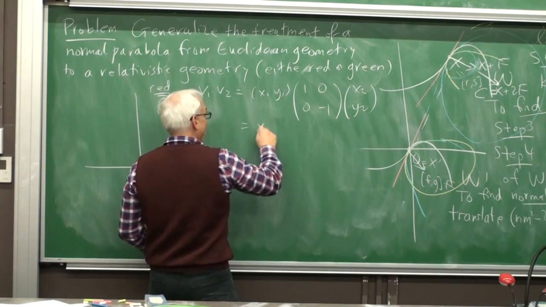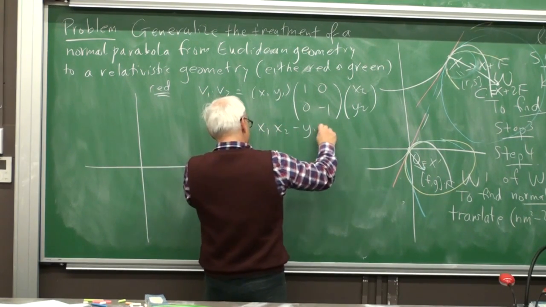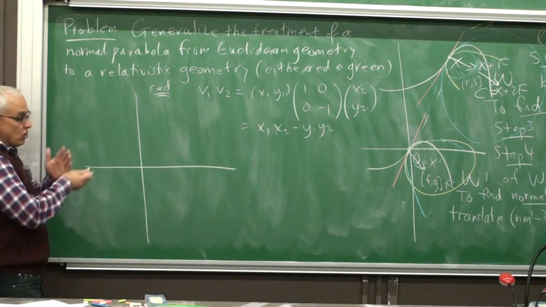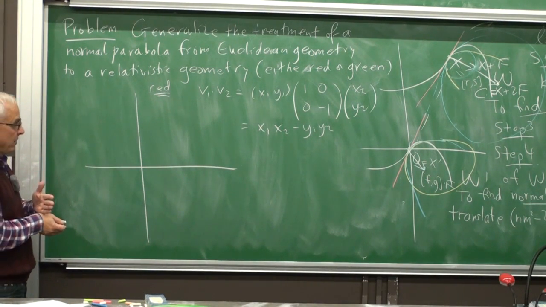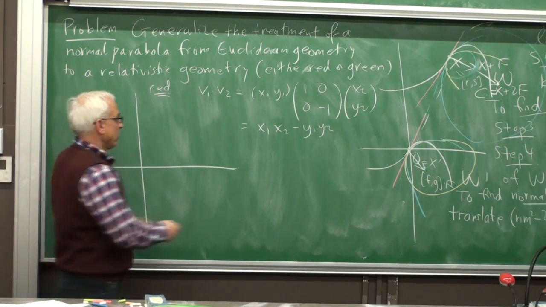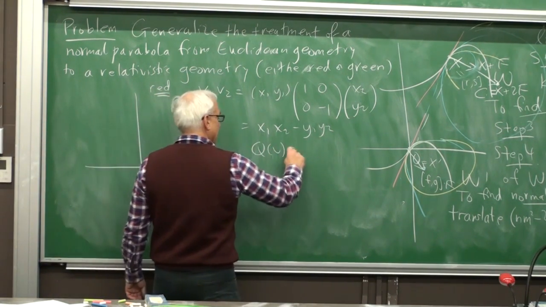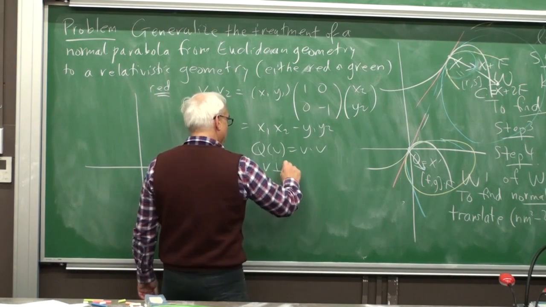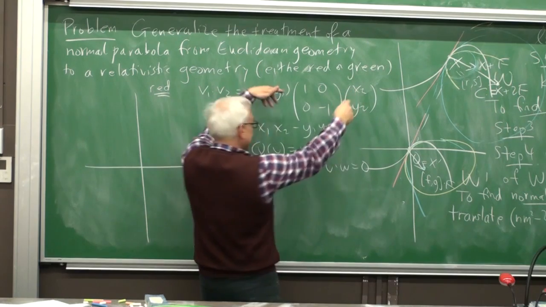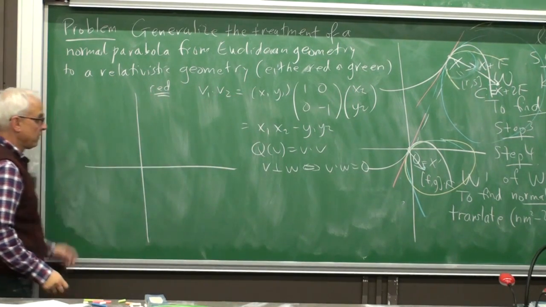So that's x1 x2 minus y1 y2. That gives us a notion of perpendicularity and a notion of quadrance. The quadrance of a vector is v dot v, and vectors are perpendicular precisely when their dot product is 0.